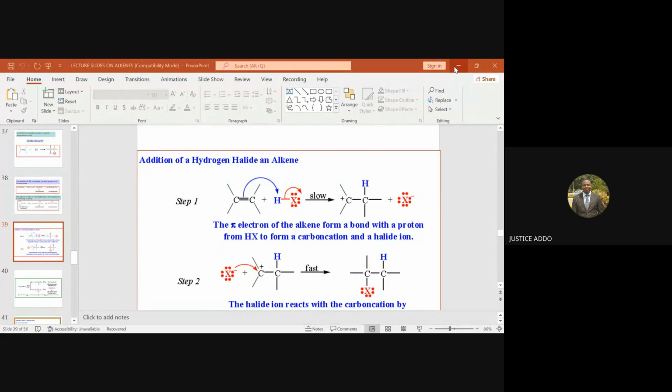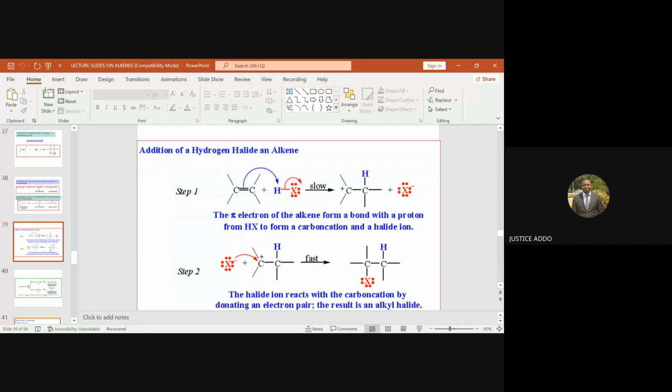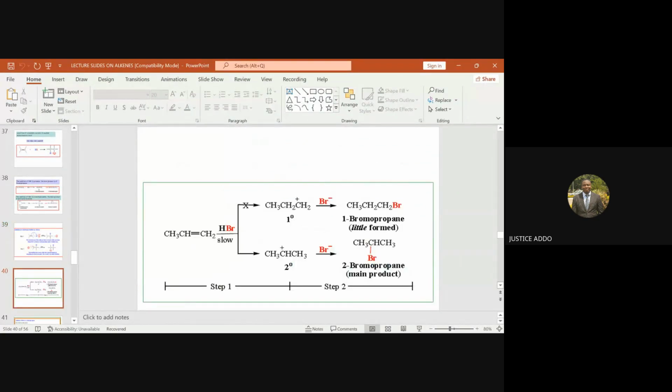So the mechanism is there just to help you appreciate what's happening. But like I said, I will not tell you to come out to the mechanism. So the screen that you are seeing, you could see that if you add the hydrogen, first of all, if you add the hydrogen by Markovnikov's, then that will give you the secondary carbocation.